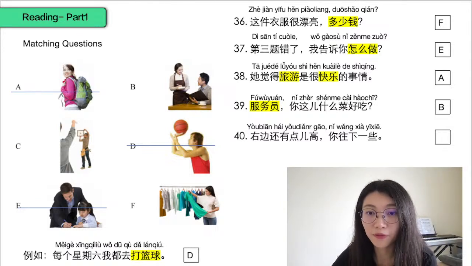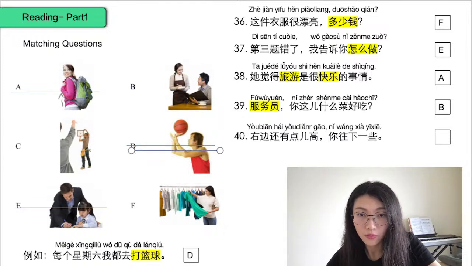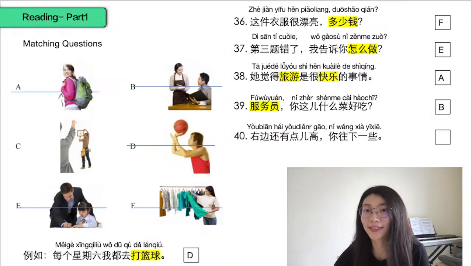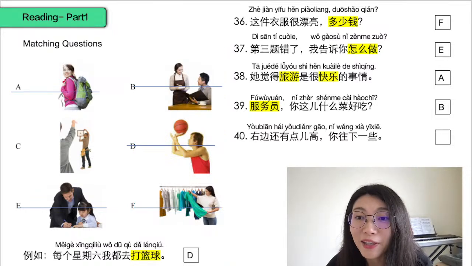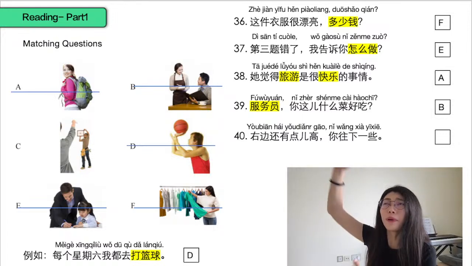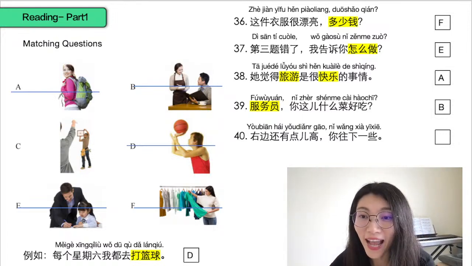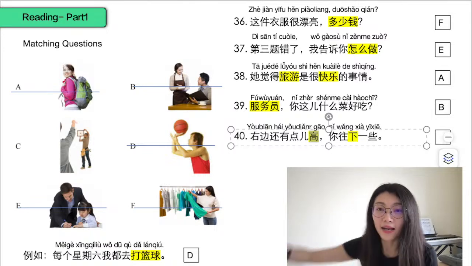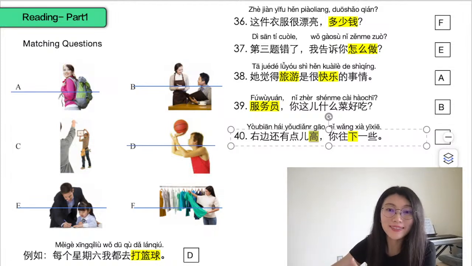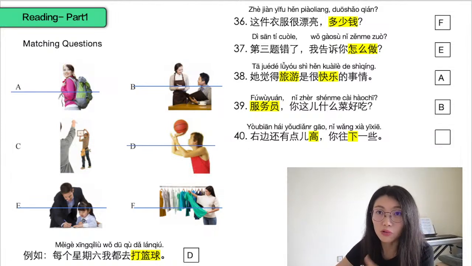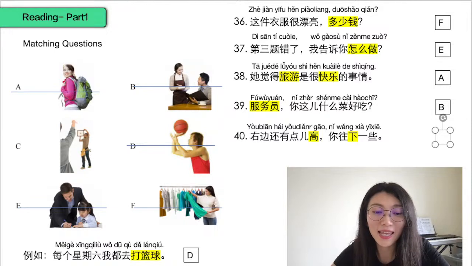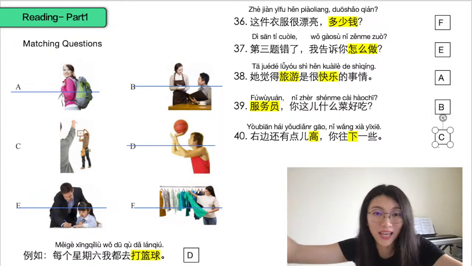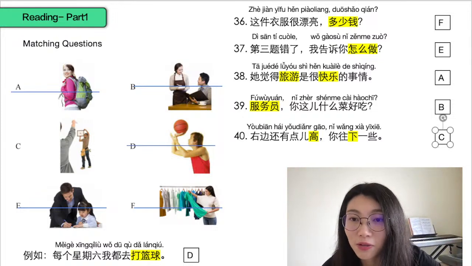Number 40, we only have one left but let's still look at it. 右边还有点高，你往下一些。Put it down a little bit. So we choose C, they are adjusting where to put the picture.